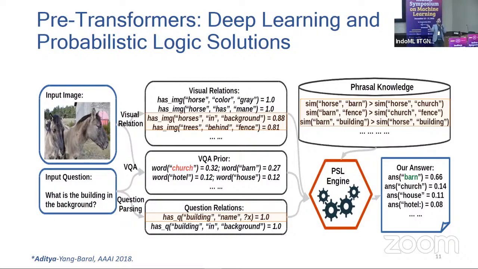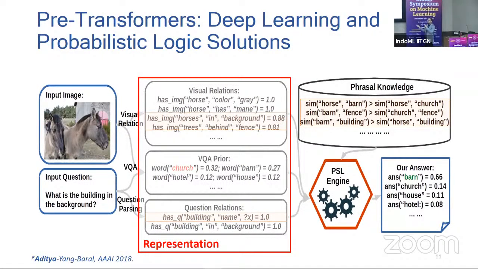So the image is represented as a graph. The question is represented as a graph. So the representation challenge is what we are trying to solve. And how we are extracting this information, that's where the neural nets used to come in, right? Let's say you utilize neural nets to get captions or the scene graph, or similarly, you utilize neural nets to semantically parse a particular question.